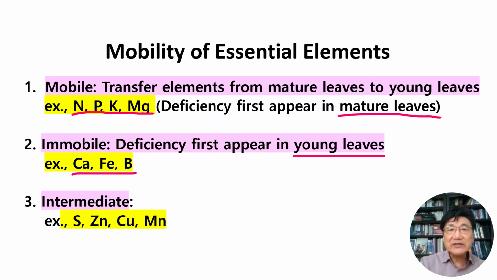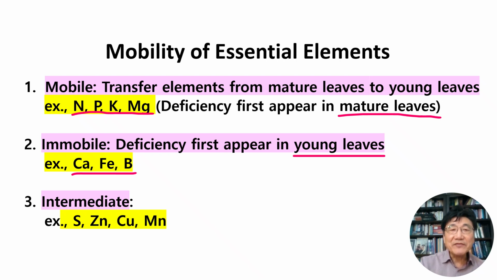Among the essential elements, those with high mobility include nitrogen, phosphorus, and potassium, while immobile elements include calcium, iron, and boron, and those with intermediate mobility include sulfur, zinc, copper, and manganese.